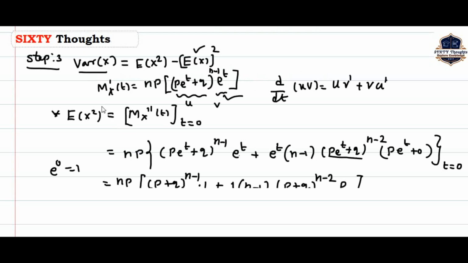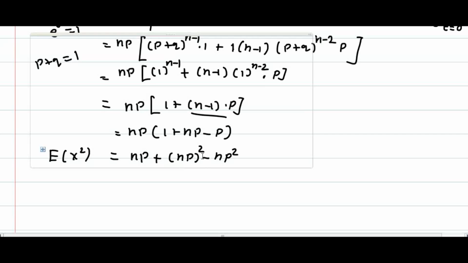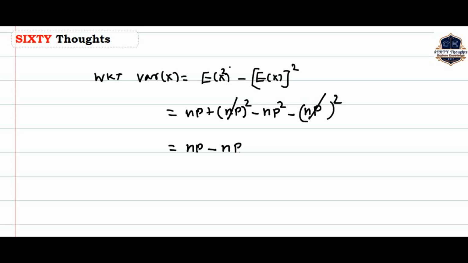That is nothing but np plus (np) square minus np square. Substitute here. We get np plus (np) whole square minus np square. We know expected value of x, that is the mean value, is np. So (np) whole square minus np square plus np square are getting cancelled. You get the remaining value np minus np square.